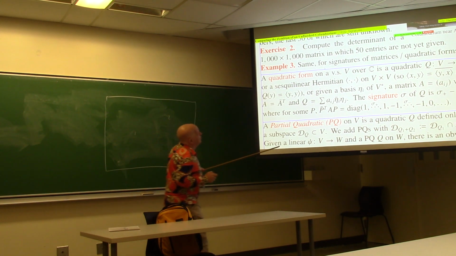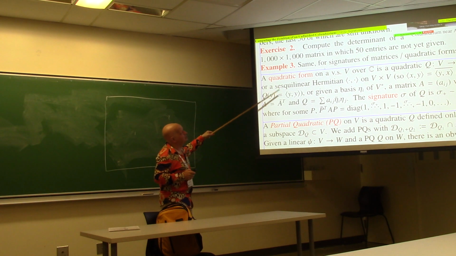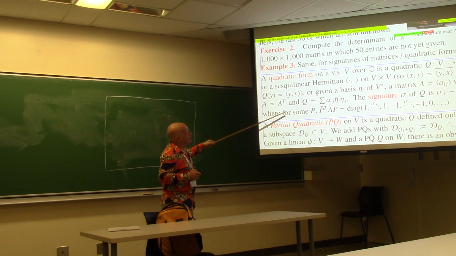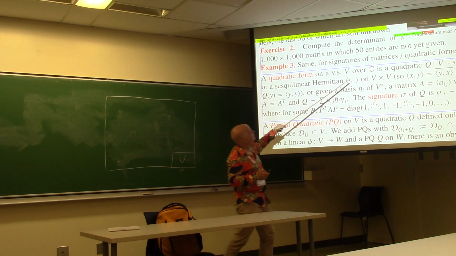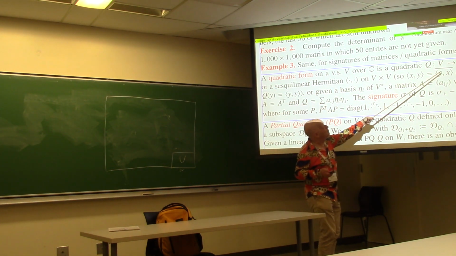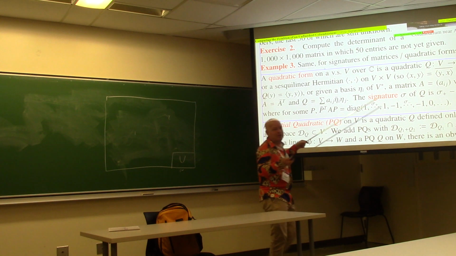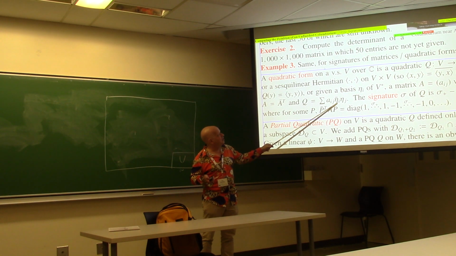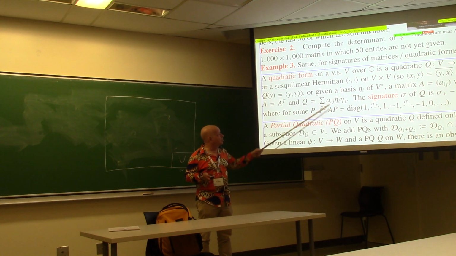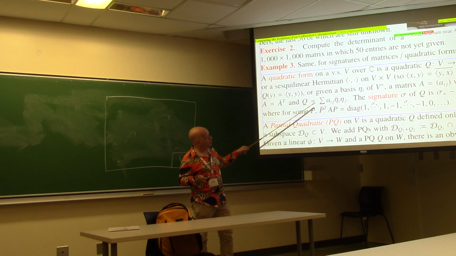Okay, so the signature of a matrix, maybe I should have said that. Maybe I'll skip the abstractness, but a quadratic form is a certain function given by a quadratic formula.